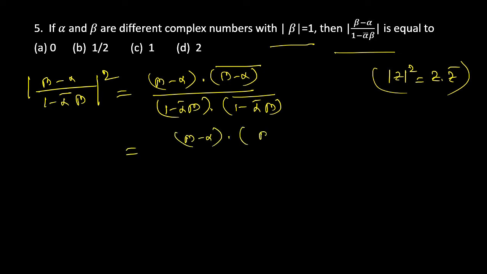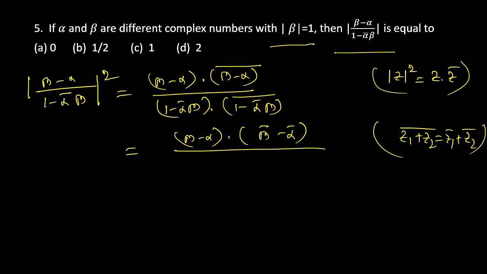We can break it as beta bar minus alpha bar, since z1 plus z2 whole bar is z1 bar plus z2 bar, by 1 minus alpha bar beta into 1 minus alpha beta bar, since z bar whole bar is z.